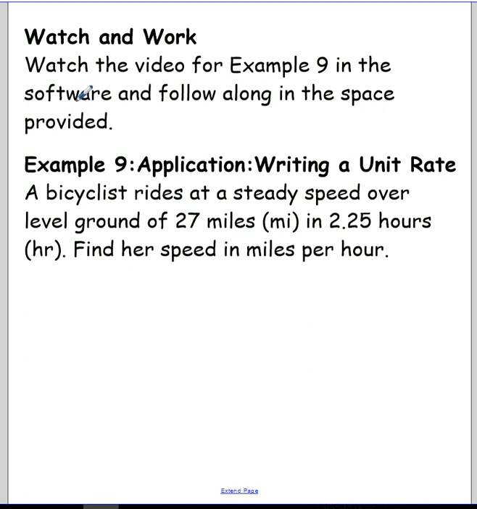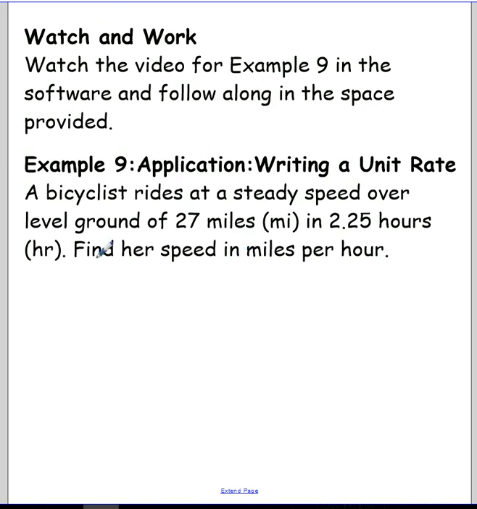So it says watch and work. That video, example 9, is in the lesson part of the Hawks homework, but let's go ahead and just look at it together. A bicyclist rides at a steady speed over level ground of 27 miles in 2 1/4 or 2.25 hours. Find her speed in miles per hour.